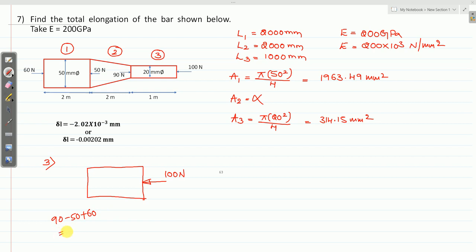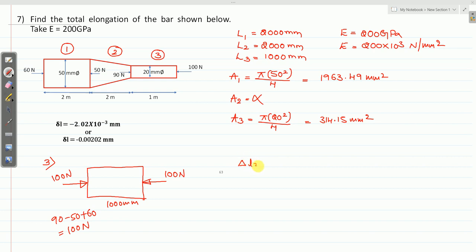So it is 100 Newton, positive. So we should consider force towards right side. So 100 Newton. Length of this section 1000 millimeter. I have already calculated the area. So next it is very simple.